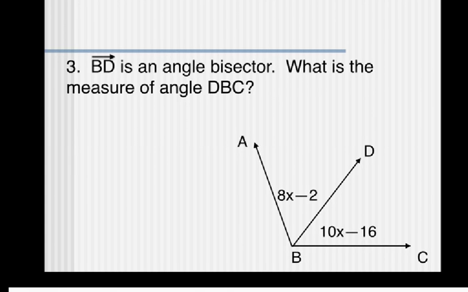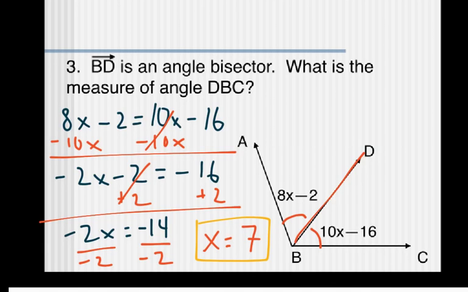Take a look at question 3. They tell us that ray BD here is an angle bisector, so that tells us we can add congruency marks to our diagram for the two angles. Knowing that we have two congruent angles helps us set up our equation. Go ahead and solve for x. Press pause until you've done so.